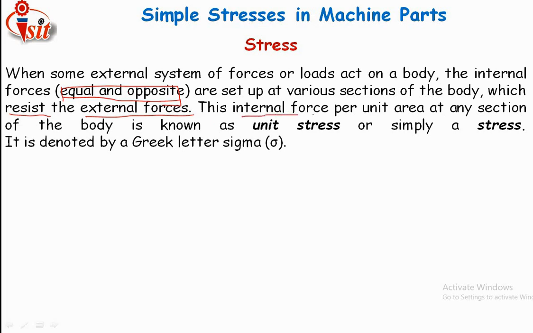This internal force per unit area, or what we can say, this internal resistance per unit area at any section of the body is known as the unit stress, or we can simply say stress. It means if we apply some external system of forces or loads on a body, then this body itself offers the resistance which is equal and opposite to this external force.